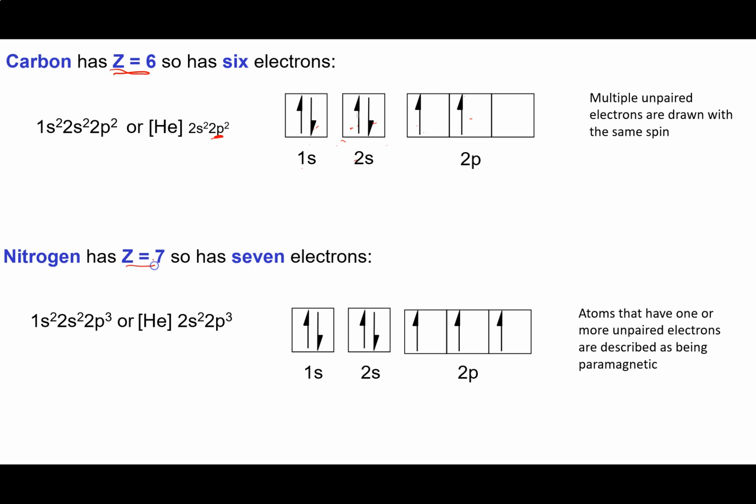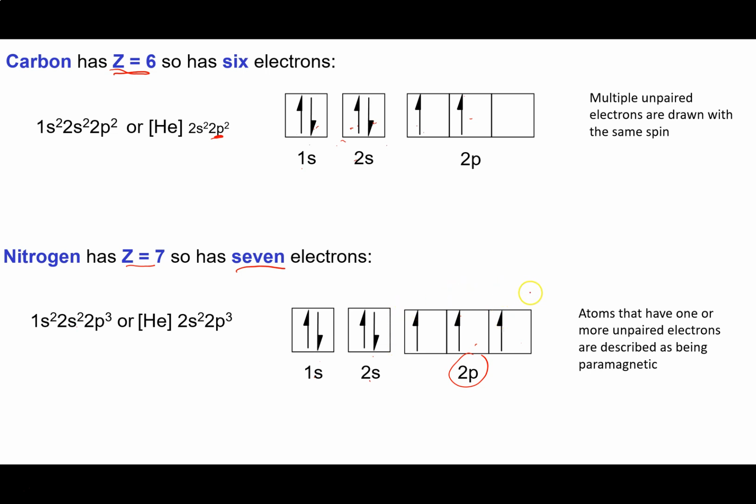Nitrogen, atomic number 7, so that means it's got 7 electrons, 1s2, 2s2, 2p3. So 1s has 1 orbital, 2s has also 1 orbital. And then we get to the 2p. The 2p subshell is comprised of 3 orbitals. And then we go 1 electron, 2 electrons, 3 electrons.